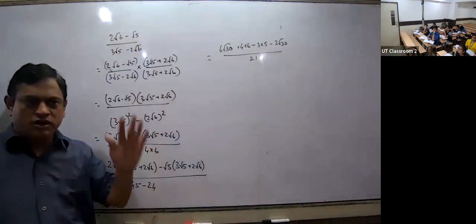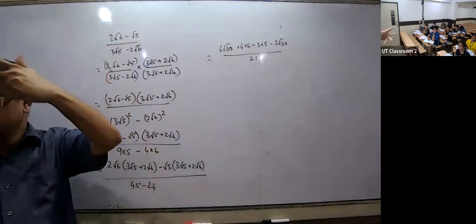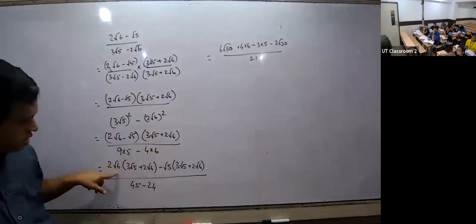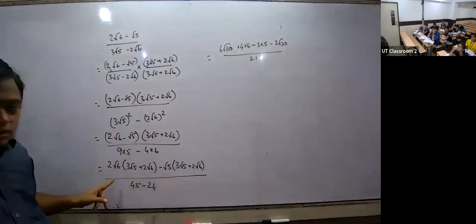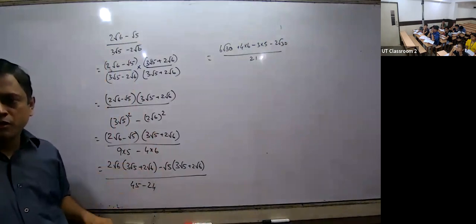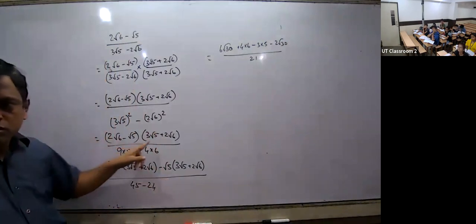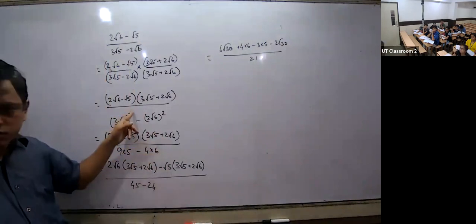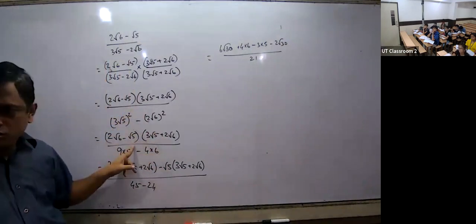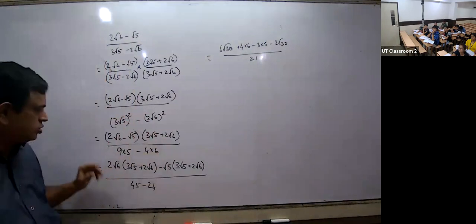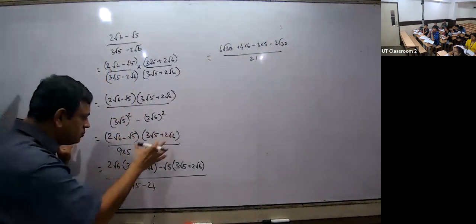Tell those who have not followed, raise the hand. I'll explain again. Which step did you not follow? Look. 2 root 6 multiplied by this one.